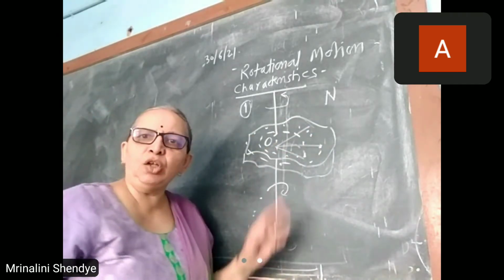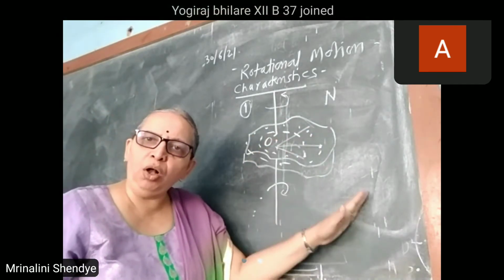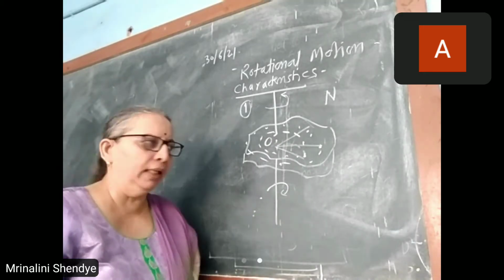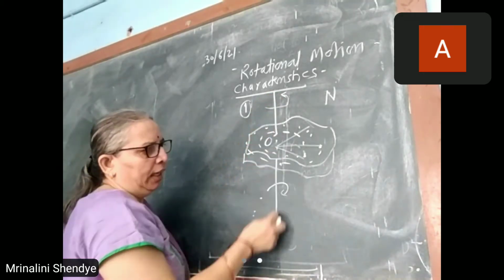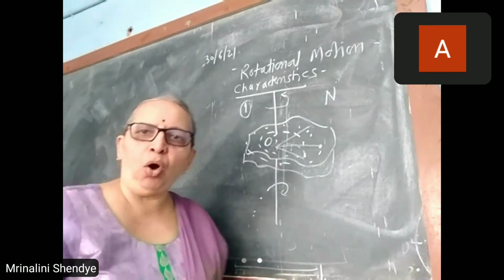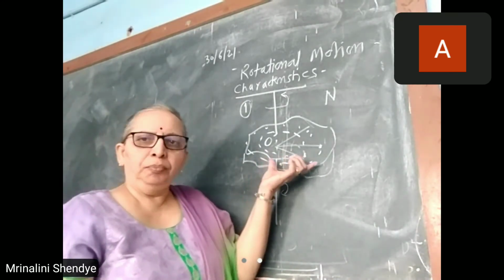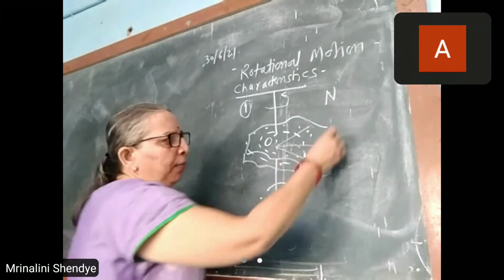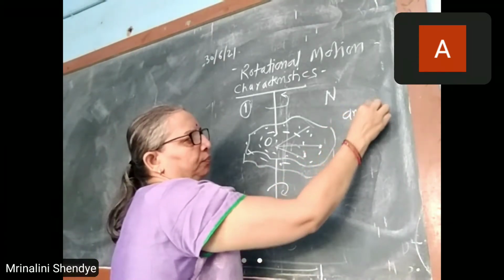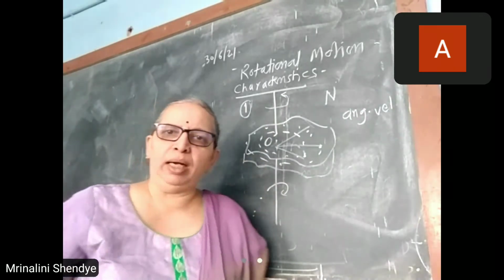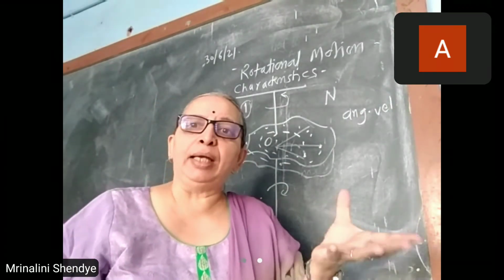The centers of all these circles of all particles are situated on the axis of rotation. But these particles have the same angular velocity. So when the body rotates, it acquires angular velocity.